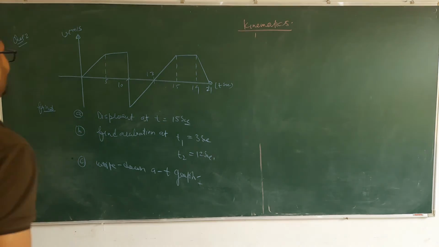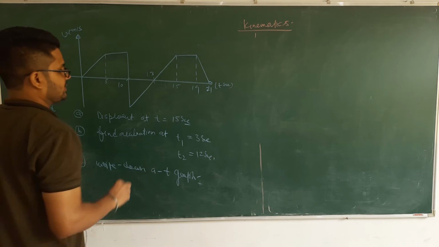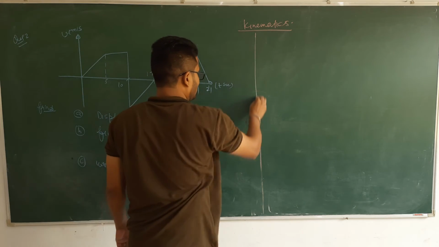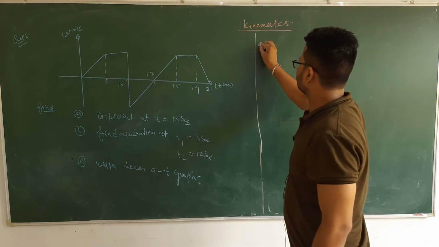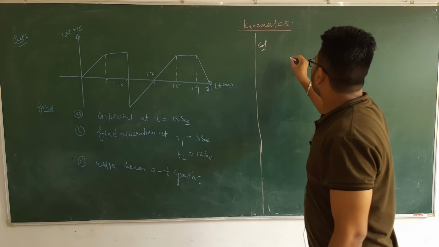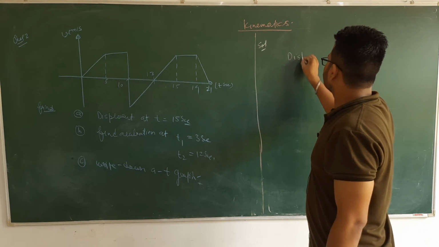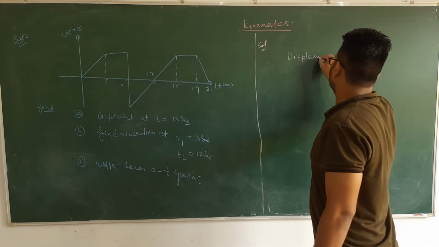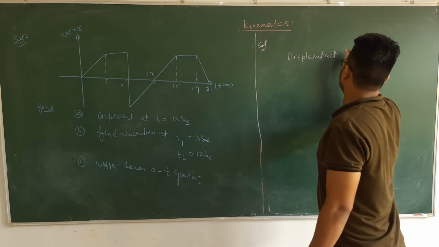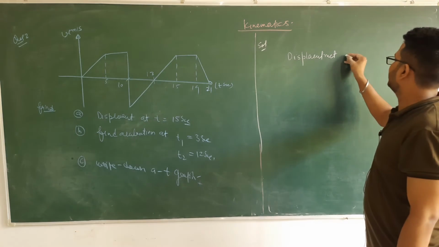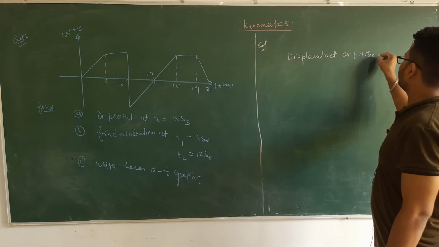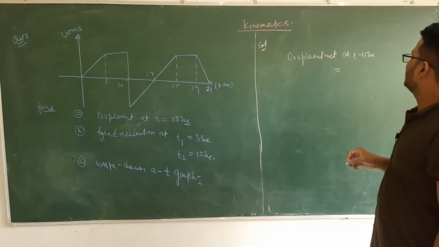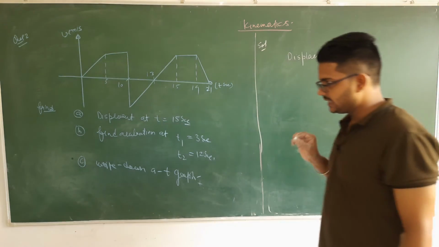How to draw this type of graph? First of all calculate the displacement. Displacement at t equal to 15 seconds: sum up the positive area and subtract the negative area.